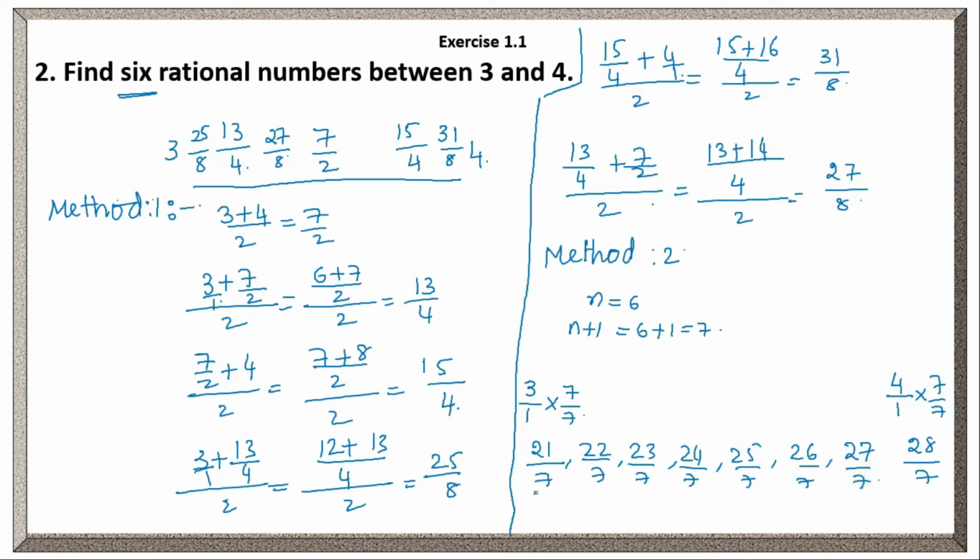How many rational numbers we have here? 1, 2, 3, 4, 5, 6. So these are the 6 rational numbers between 3 and 4. Clear? In this way we can find any number of rational numbers between 2 rational numbers. Which method is easy for you? You can follow that method.